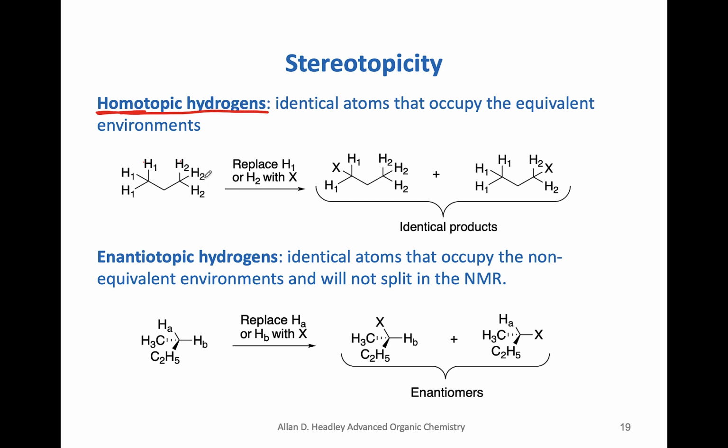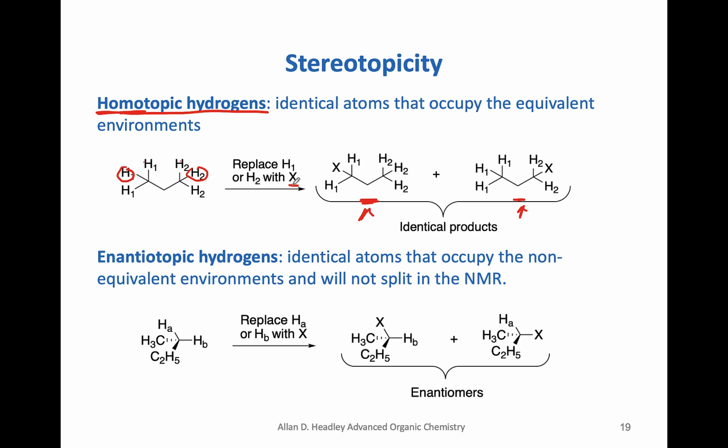So if you replace here H1 with an X, you get this. And if you replace here H2 with an X, you get this. It turns out that these two molecules here are in fact identical.